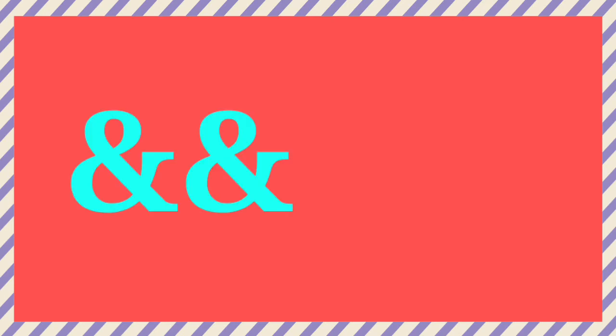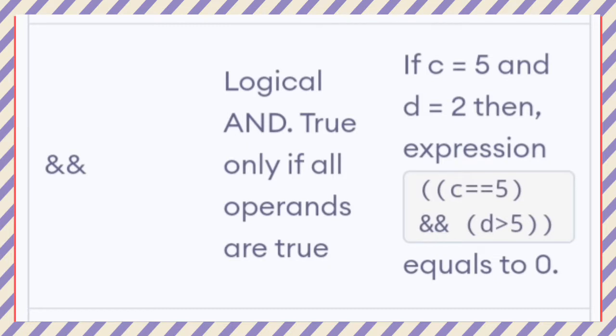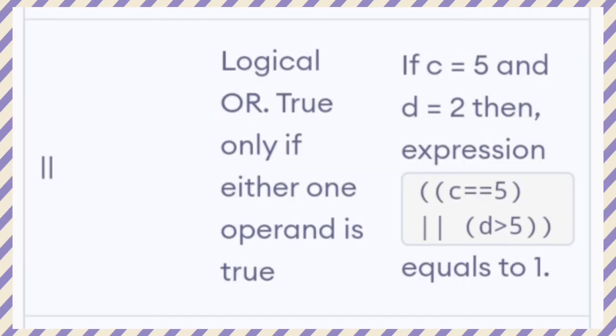Two ampersands represent the logical AND operator, and it is true if all operands are true. The logical OR operator is two vertical lines, like a pipeline symbol. This is true if at least one operand is true.